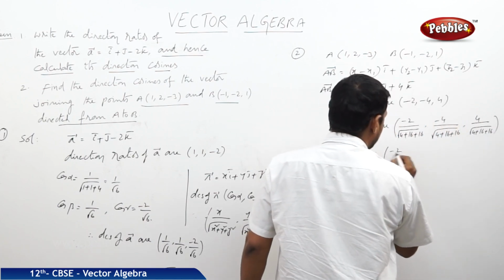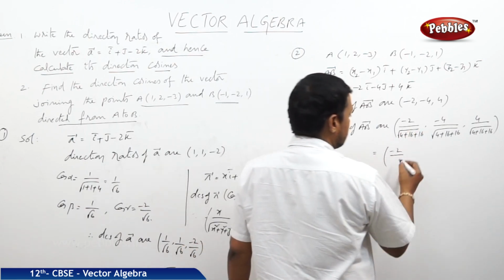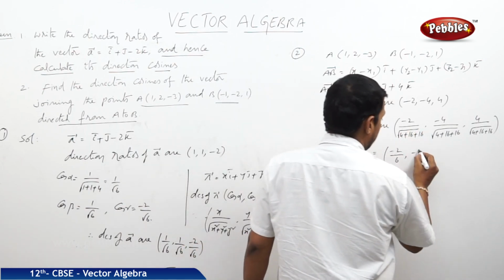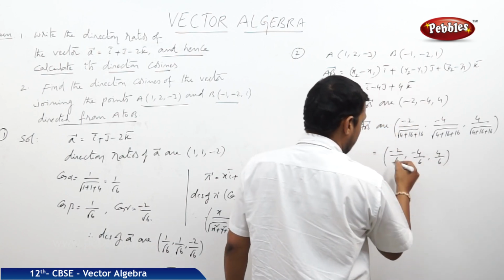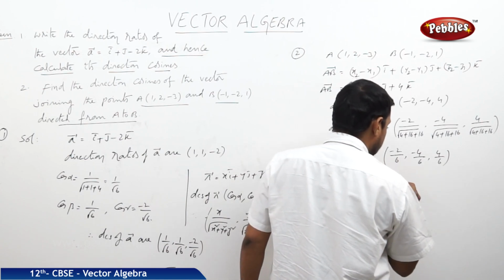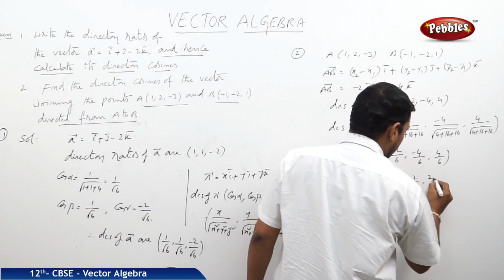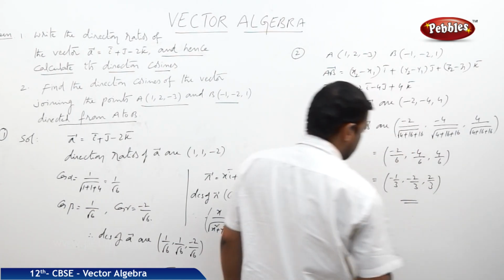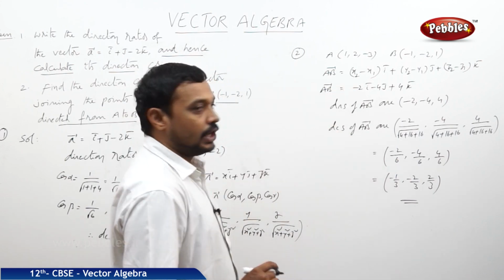That is minus 2 by root of 36. Root of 36 is 6, so minus 4 by 6 and 4 by 6. Clearly 2 cancels in numerator and denominator. After simplification, it is minus 1 by 3, minus 2 by 3 and 2 by 3. Now these are the direction cosines of the vector defined from A to B.